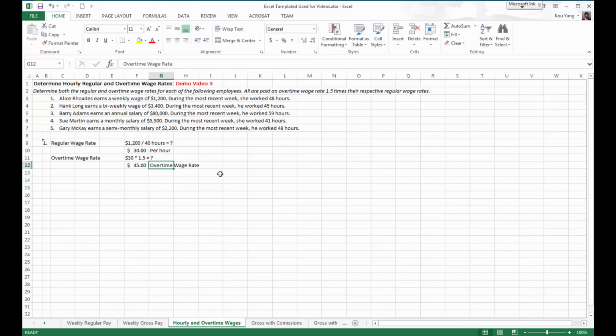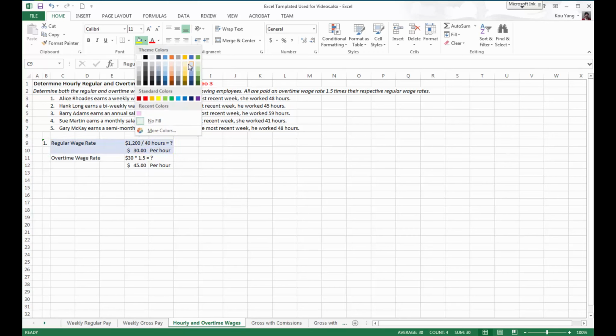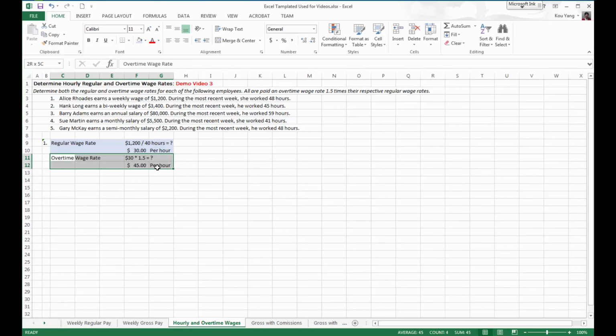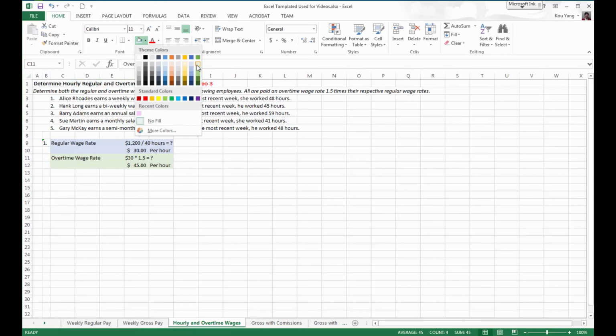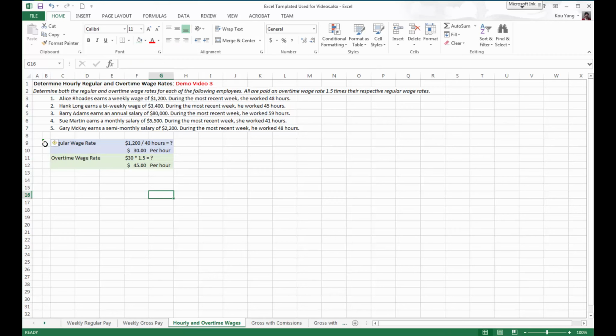Per hour. So as you can see, I'm going to highlight the calculations that we've done here. For number 1, for Alice, her regular wage rate is $30 per hour, and her overtime wage rate is $45 per hour.